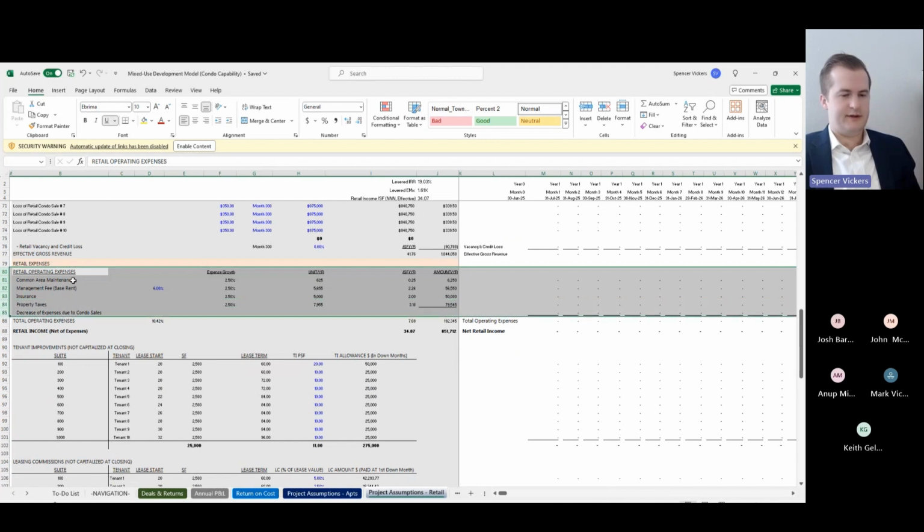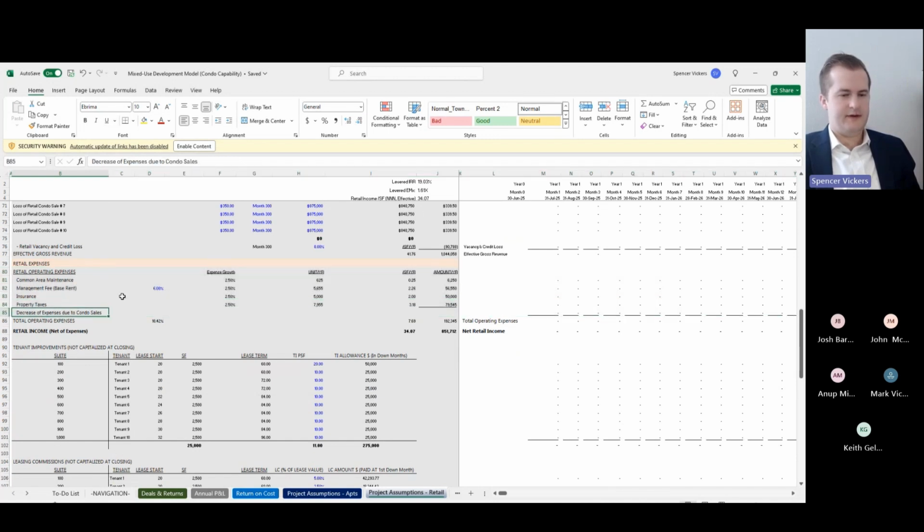Retail operating expenses. Currently, there's not a ton in here. The way that I do these models is I don't love to add macros into them because I've found that they're often not great for the end user. So the way that you add really anything into this model is I've made all of the formulas over here very dynamic.